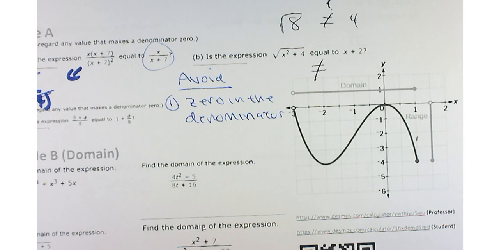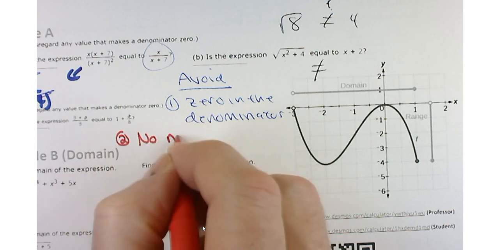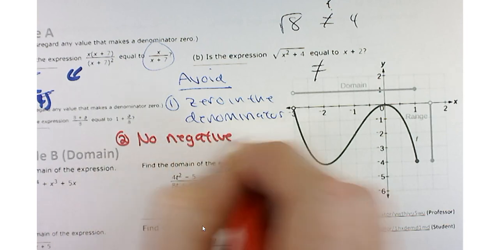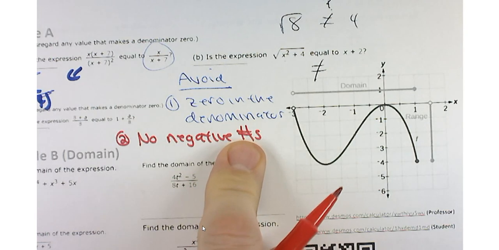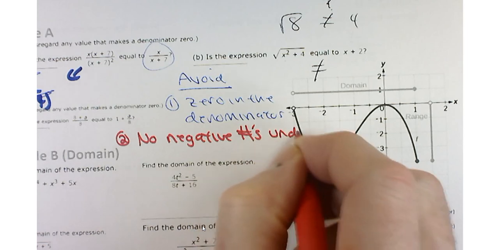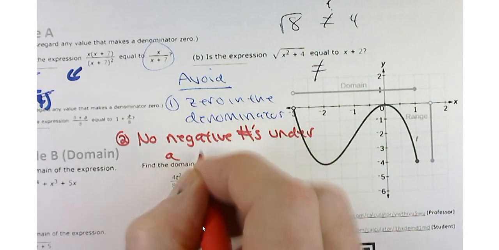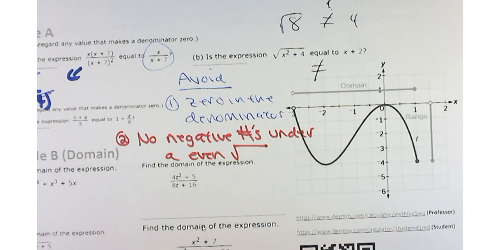Yes, thank you. You can't have a negative underneath a radical. No negative numbers. And I know that looks like a hashtag to you, but old school, that stands for numbers under an even radical. So 4th root, square root, 6th root, etc. So those are a couple of things to avoid.